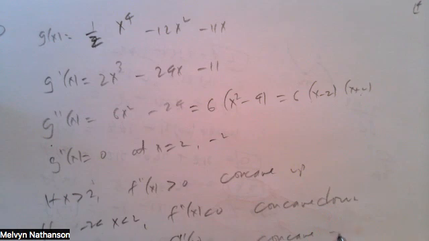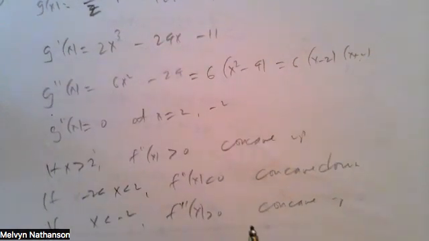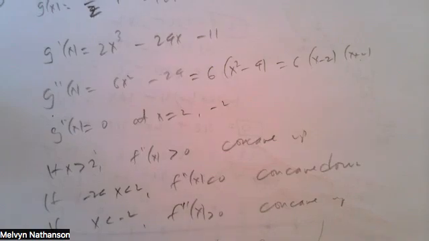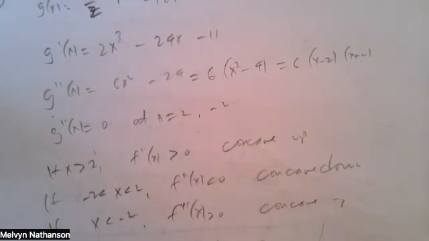Curve is concave up. So this function, which is a quartic, the graph is going to look kind of like this. Here and here, x equal -2, x equal +2. These are the inflection points. Here, when x is less than -2, let me just draw it like this, -2, 2.